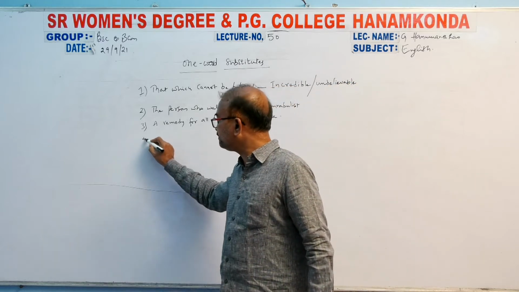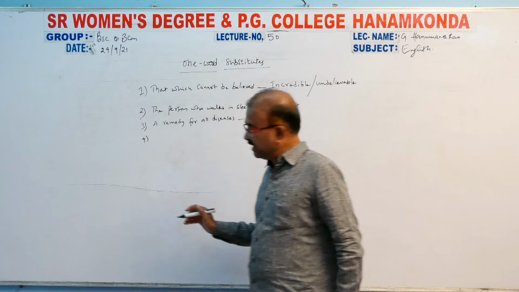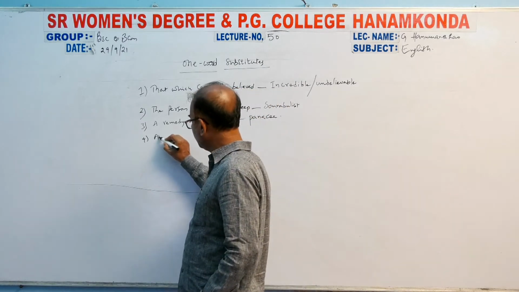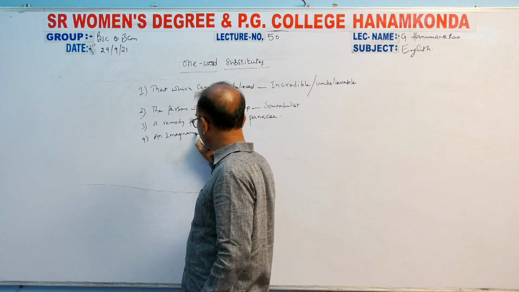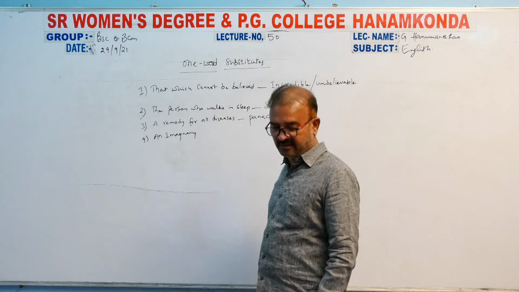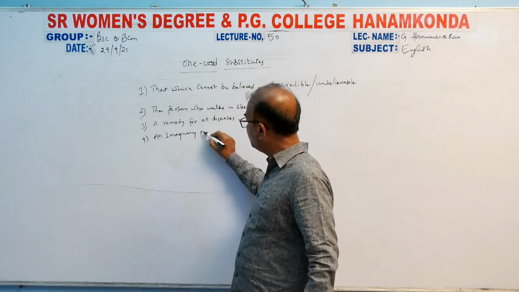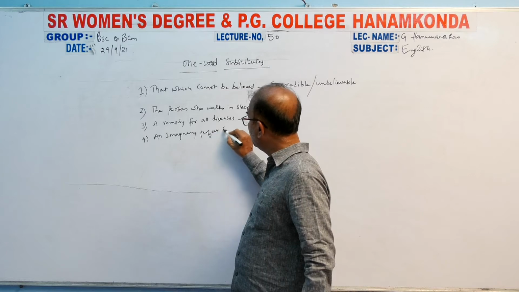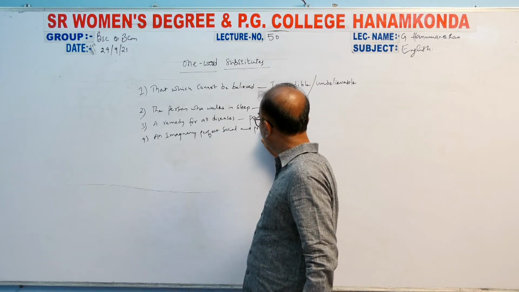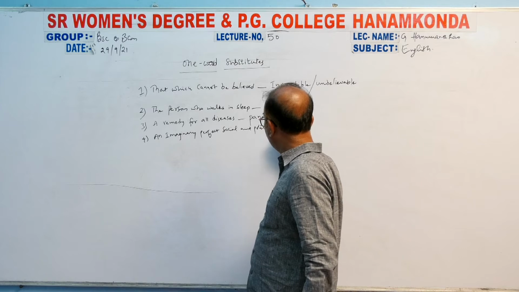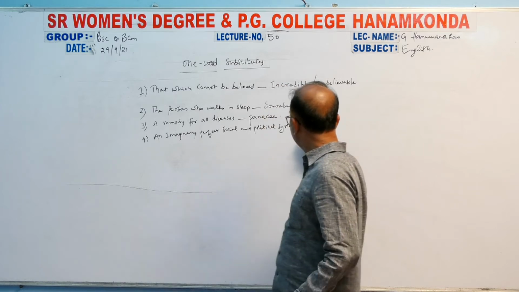Next one. Fourth one. An imaginary perfect social and political system.